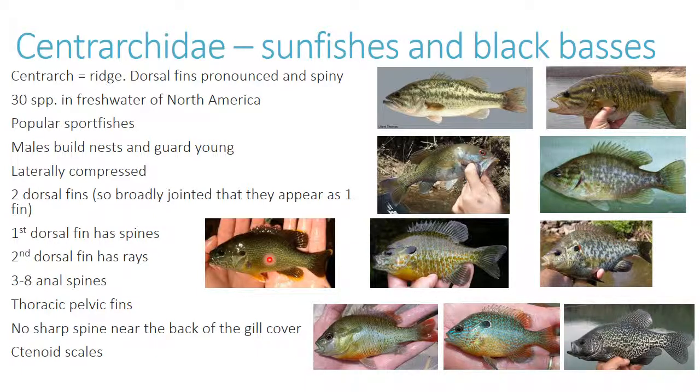So this is a green sunfish, Lipomus cyanellus. The bluegill here is Lipomus macrochirus. This is the red ear sunfish, where you see that ear flap has a little bit of red on it, Lipomus microlophus. The red breast sunfish has that nice red under here, Lipomus auritus.